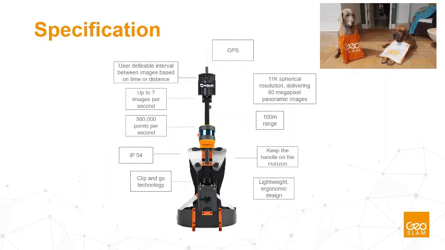So if you look at the specifications of the ZEP Discovery, the core of the product is the ZEP Horizon, creating 300,000 points per second, and the NCTech 360 camera, one of the best cameras in the market with 11K spherical resolution, delivering 60 megapixel panoramic images 7 times per second.